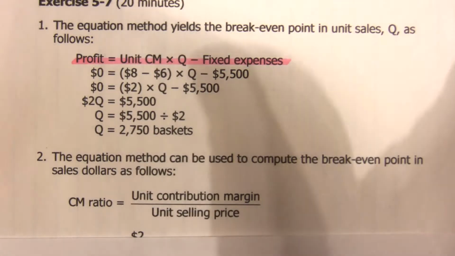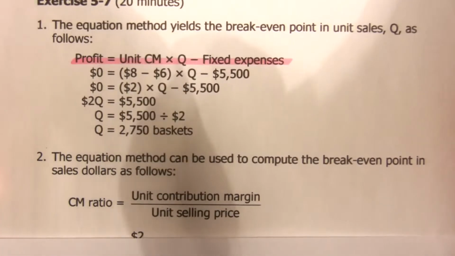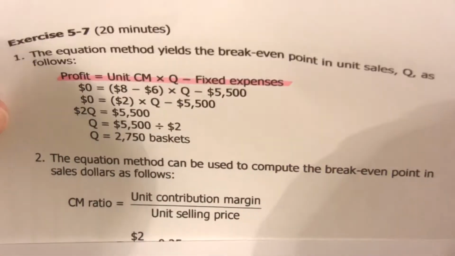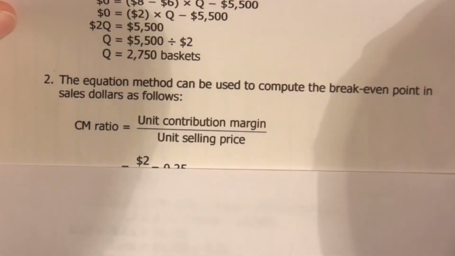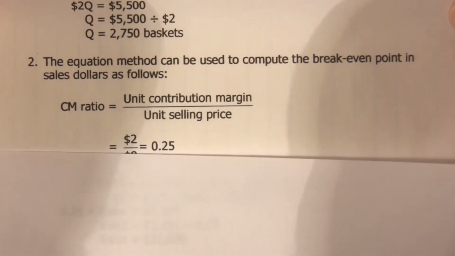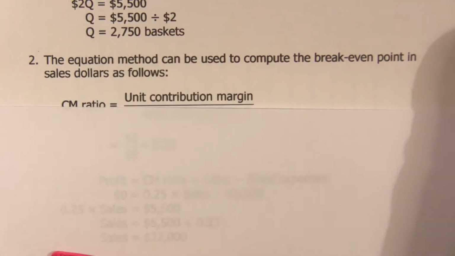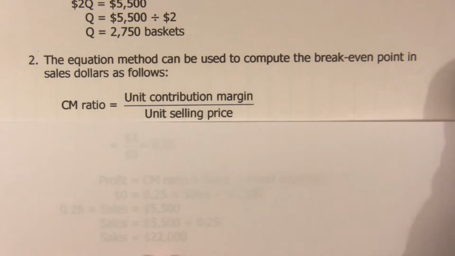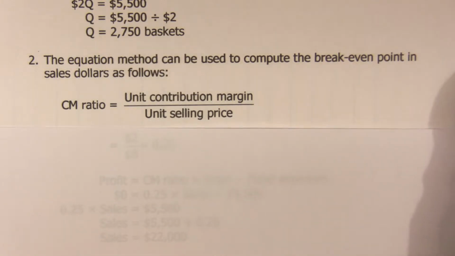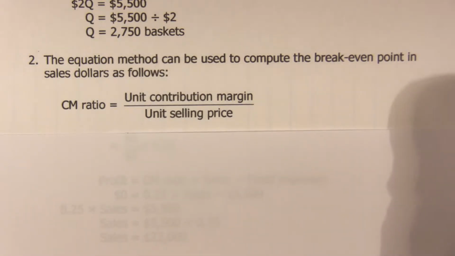using the break-even in dollars. Remember, the last one we considered, we came up with break-even in units. This is in dollars, so for this we need the contribution margin ratio.